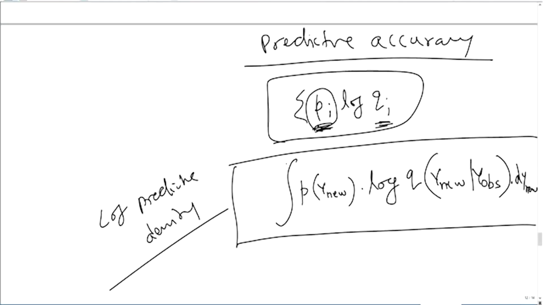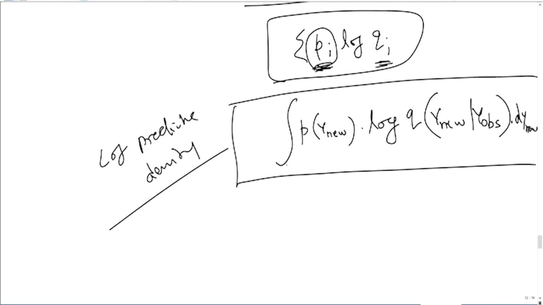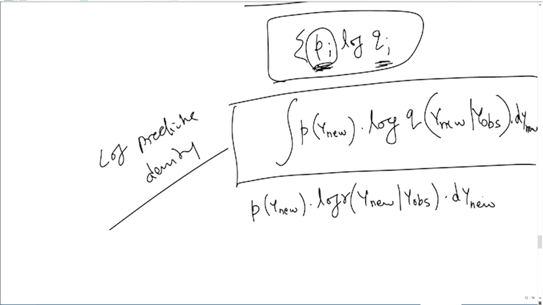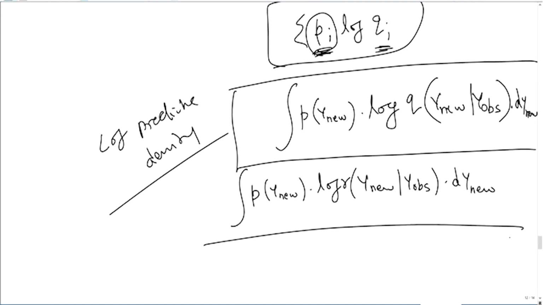But this is a measure of predictive accuracy of the model Q. Similarly, you can compute it for model R in the same way: P of y new, log R of y new given y obs, dy new. This is the thing that we are going to use to compute the predictive accuracy of a model.